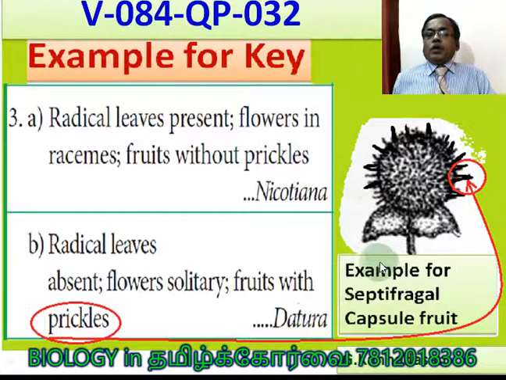This fruit is a septifragal capsule, and these are the spines or prickles present on the fruit. So this is the way in which we are able to identify a particular species or genus in the taxonomic hierarchy. This is called a key, and these are the examples of keys discussed.